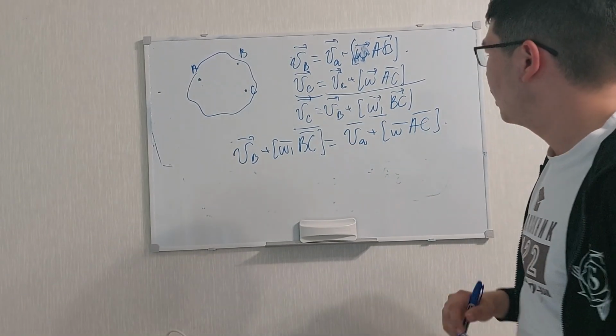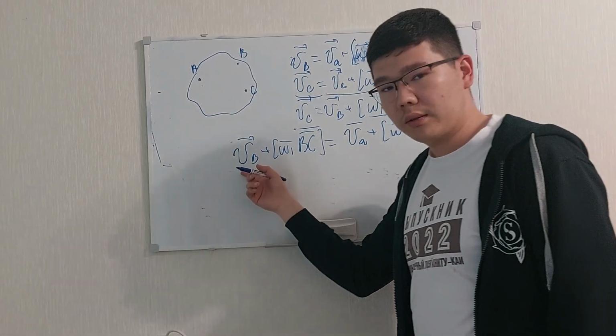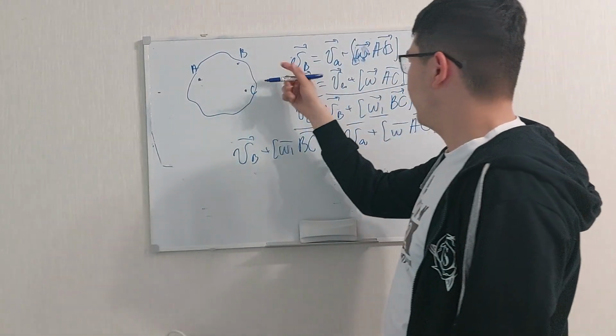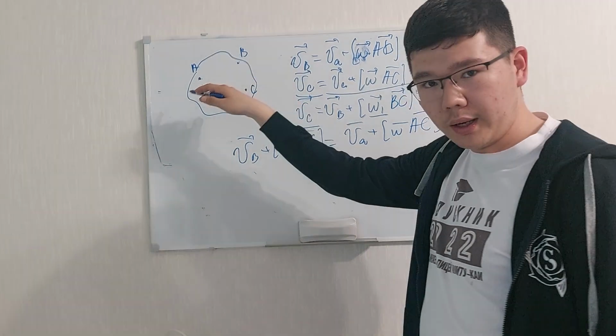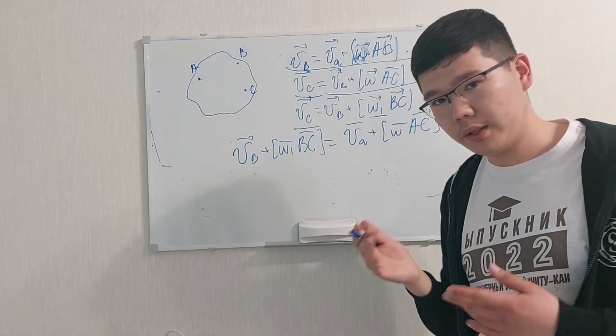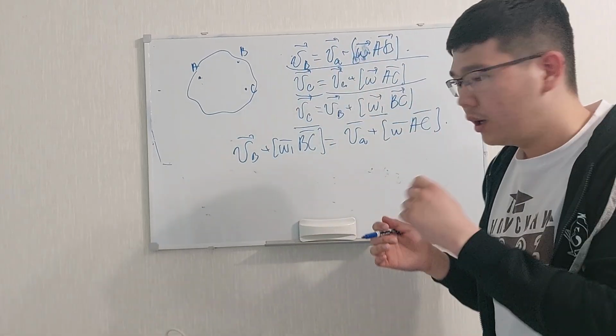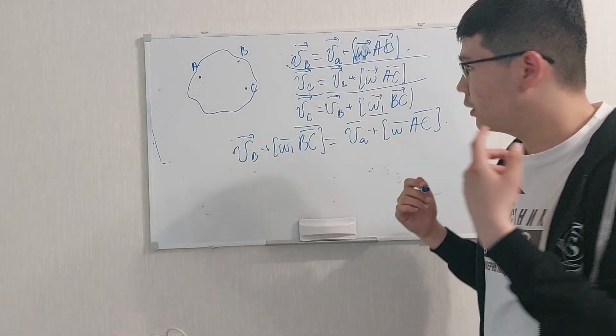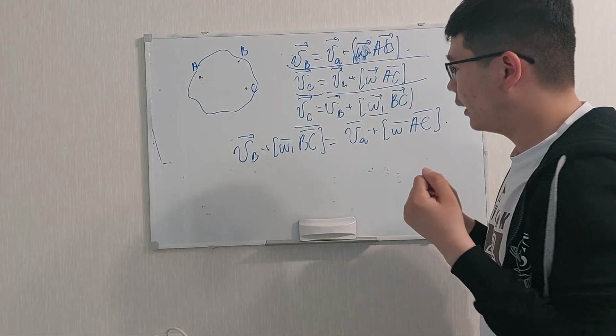But we also know that the vector VB is connected with the velocity of the A dot in the way that I've written in the first equation. So let's use this first equation and rewrite this equation using this connection.